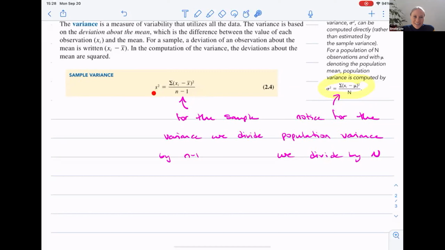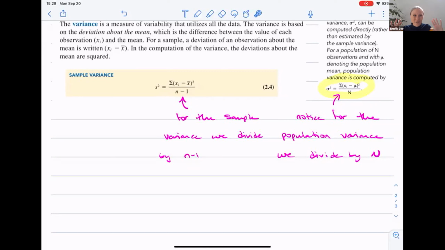And so when we divide by n minus 1, we make it a little bit larger. And so then it becomes closer-ish to the population variance, which is what we're trying to do. But that's all kind of weird, and there's proofs and stuff, but we're not doing that.